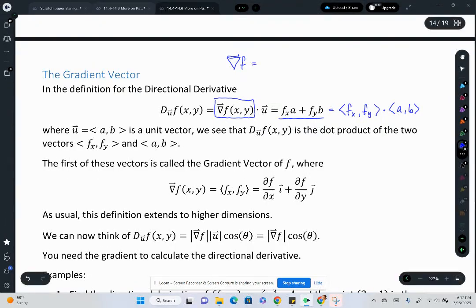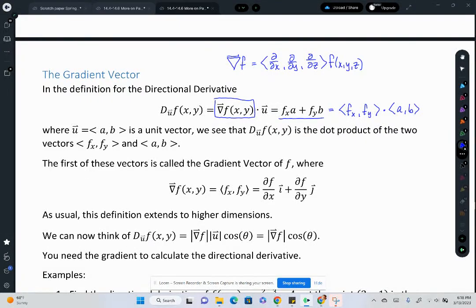The del vector has components del x, del y, and del z. So it is a vector with all of the first derivative operators, and it will act upon a scalar function f of x, y, z, for example. I'm using 3 variables just because that covers our bases.